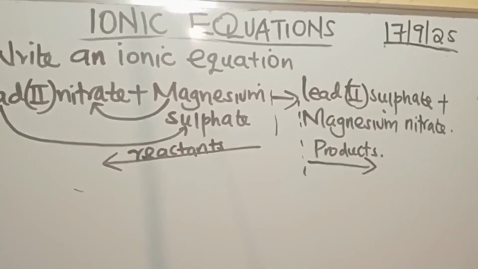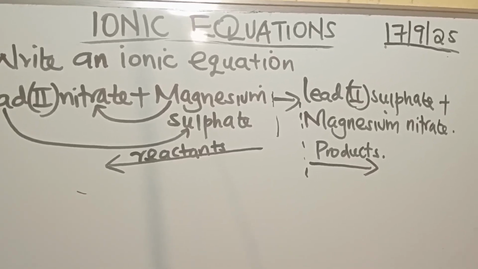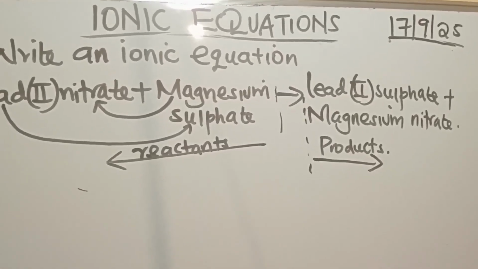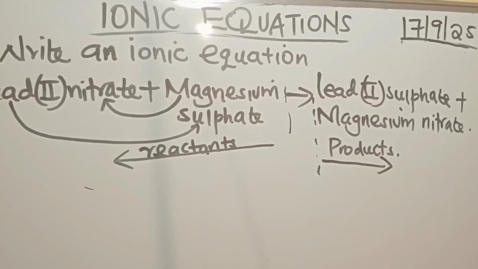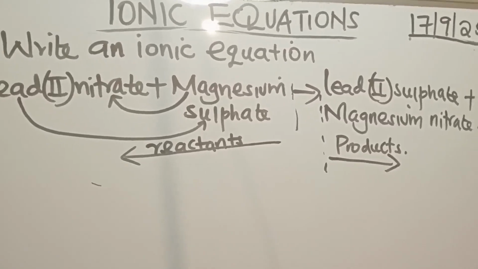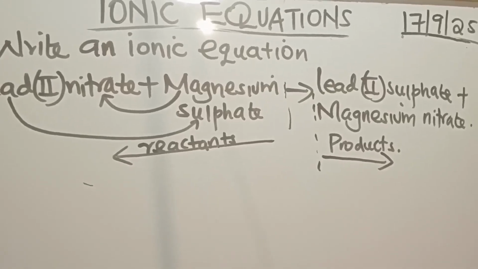So you see, among the exceptions that are insoluble, lead 2 sulfate has been mentioned, meaning that once we write the chemical equation, lead 2 sulfate will be insoluble. And if it is insoluble, in the state symbol it will have a small s in brackets.